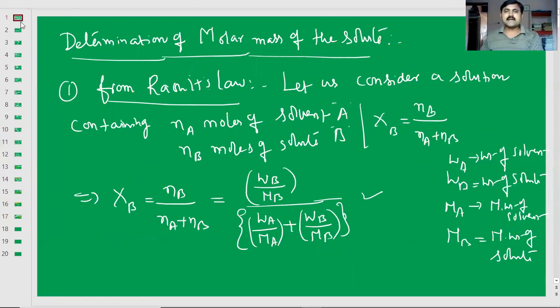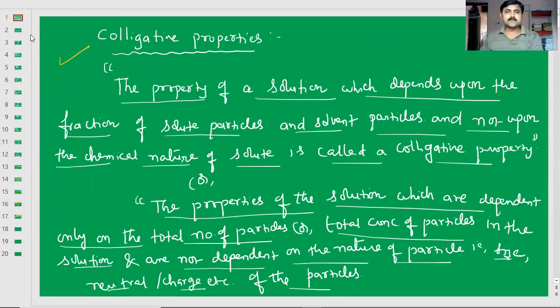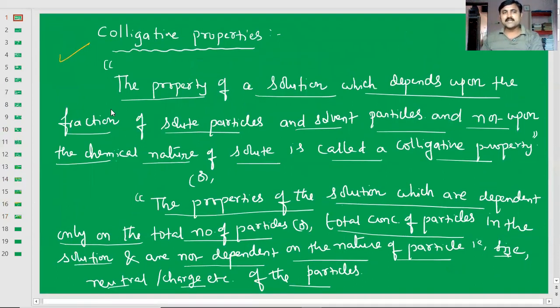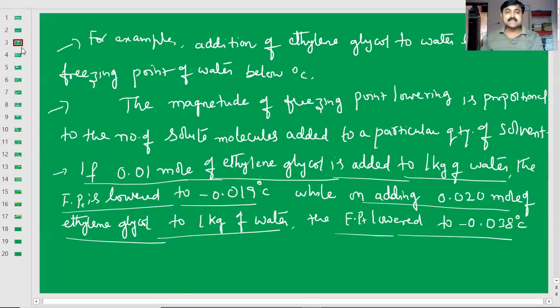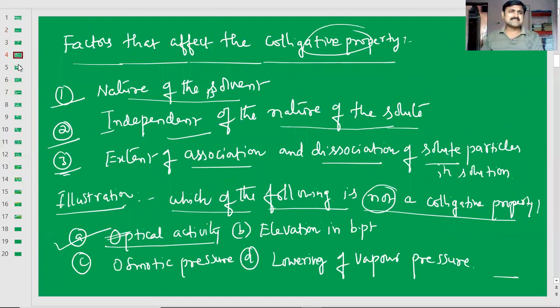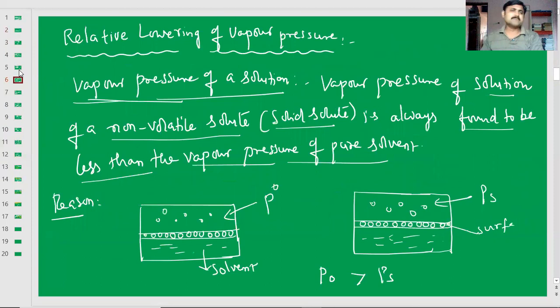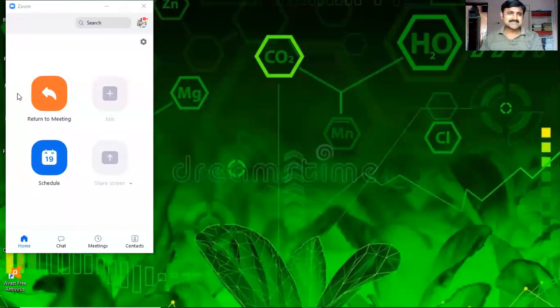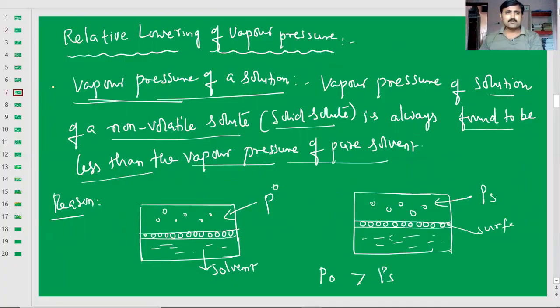Dear students, we have started with the colligative properties in today's class, and we discussed what is colligative property, its definitions, the reasoning behind the colligative property tendency, and the factors affecting colligative properties. After that, we checked some colligative properties problems, and after that we discussed the most important first colligative property, that is relative lowering of vapor pressure.